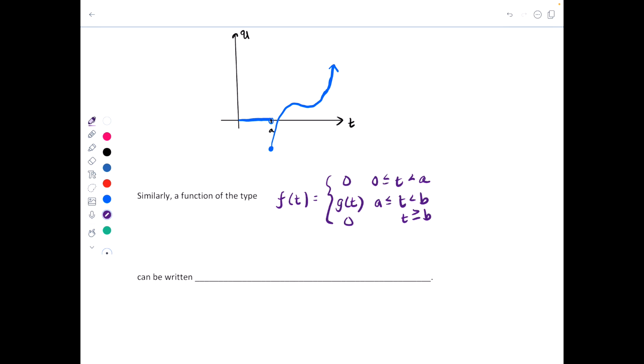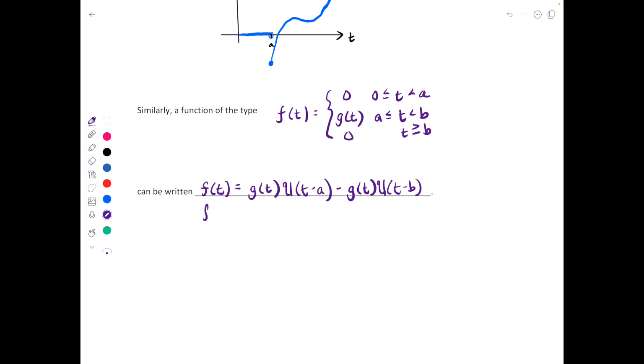So this one here would be written as f at t equals g at t times that unit function at t minus a, minus g at t times our unit function at t minus b.